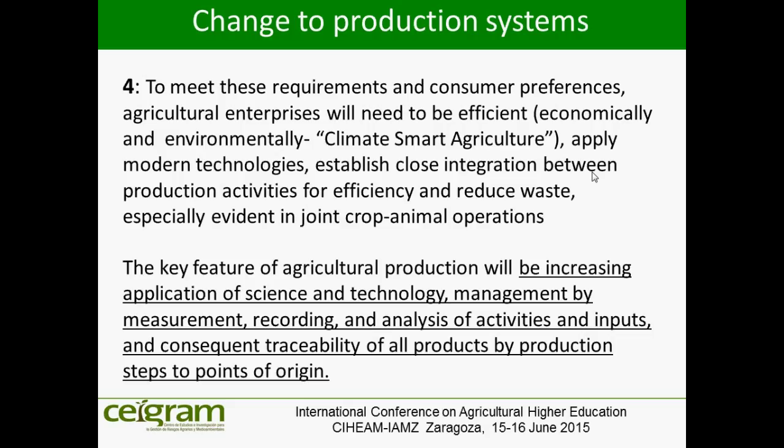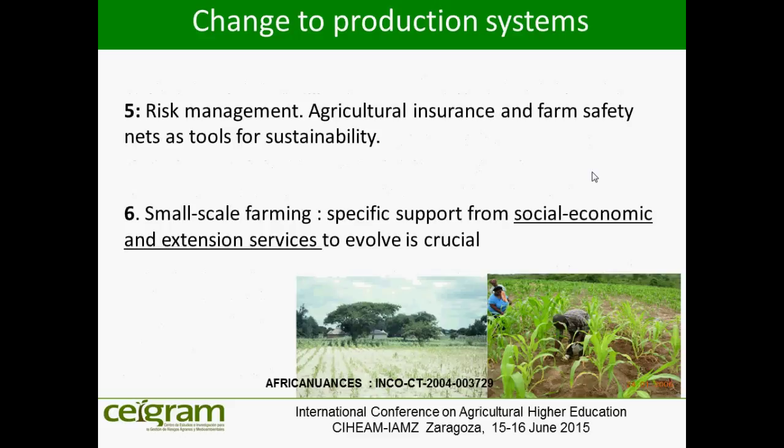So, in order to meet all these requirements, be efficient and obtain benefits from their farms and enterprises, the key feature of agricultural production will be the increasing application of science and technology. And by science, I mean all our areas in agronomy that will be further developed in the other talks. Another key feature is management by measurement.